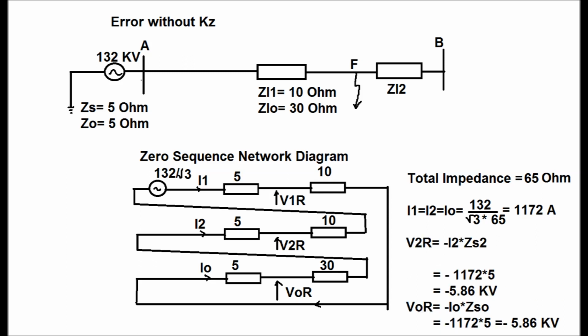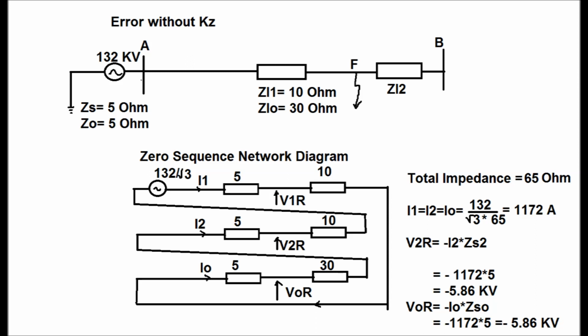Negative sequence voltage, that is V2R, is equal to minus I2 into ZS2. So it comes as minus 1.172 into 5, which is equal to minus 5.86 kV.